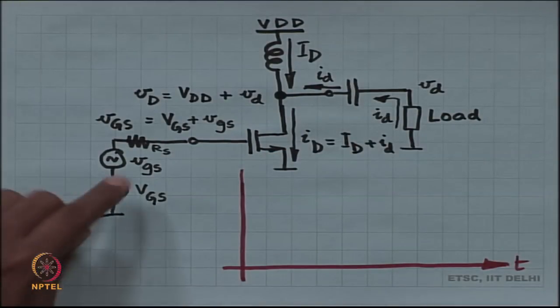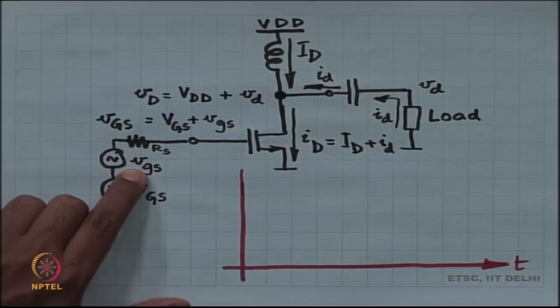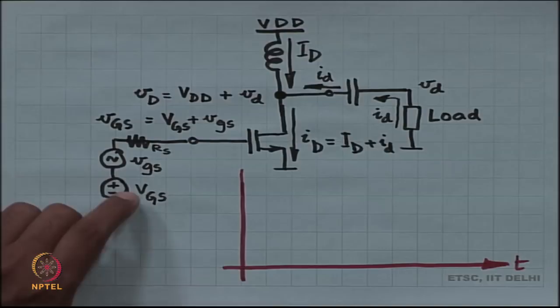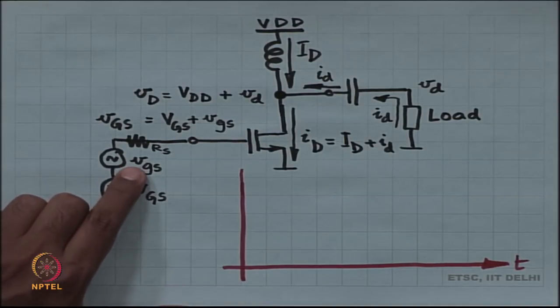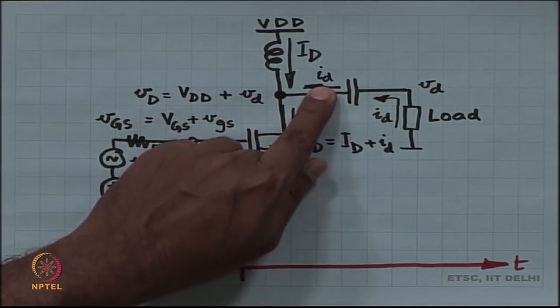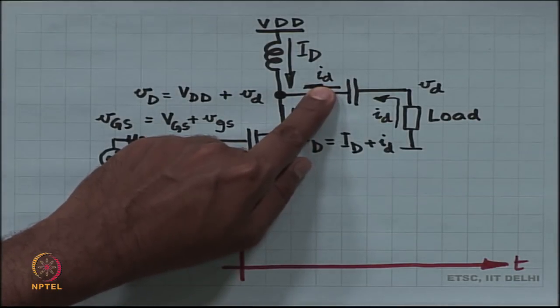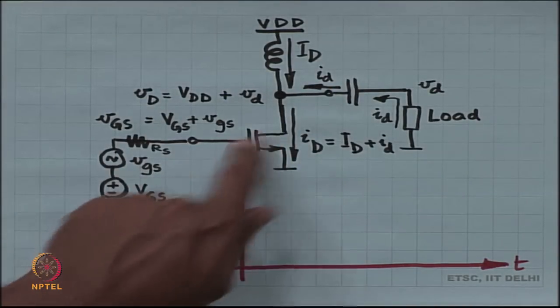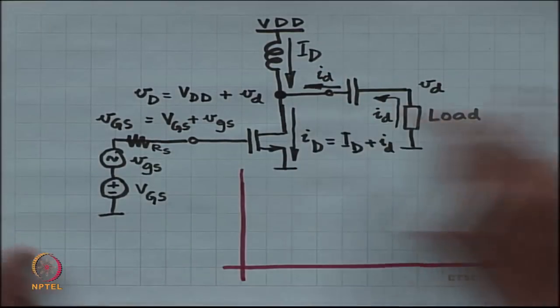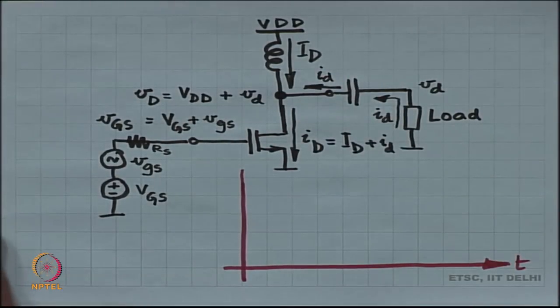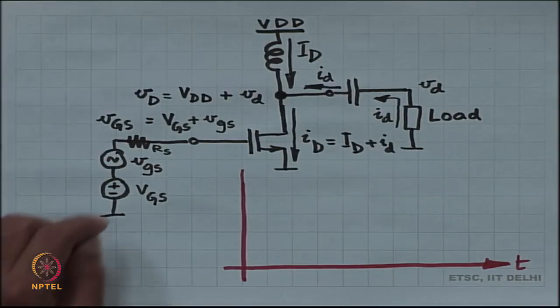Now, when small VGS goes up, what happens to small i_d? If I increase small VGS, it is going to increase, right. gm times small VGS approximately is small i_d, if it is a small signal.